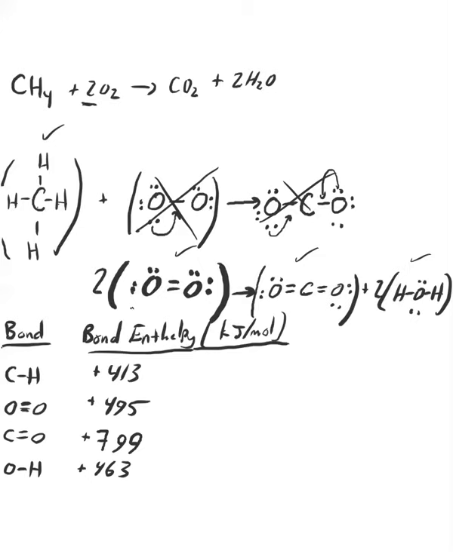So step 2 is you look these values up. Step 3 is you add them all up for the reactants and you add them up for the products. So the reactants are these ones here and these ones here, okay? So what are you going to get for reactants? Let me do it over here.